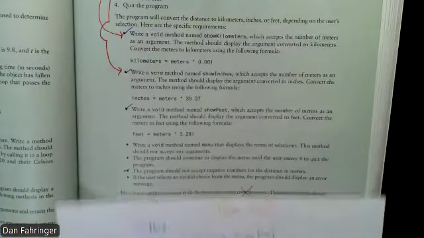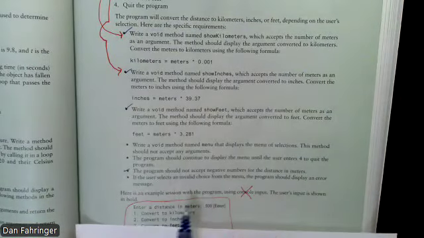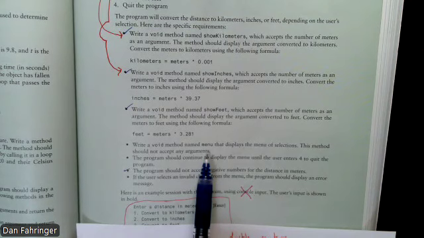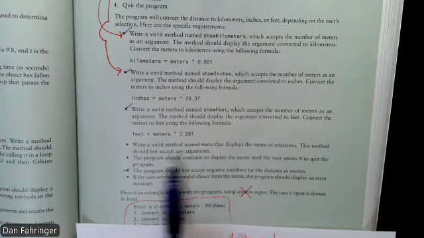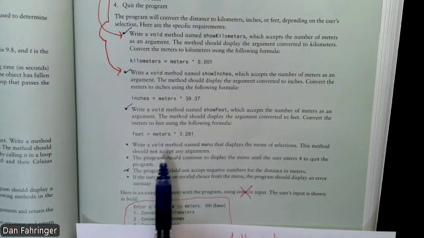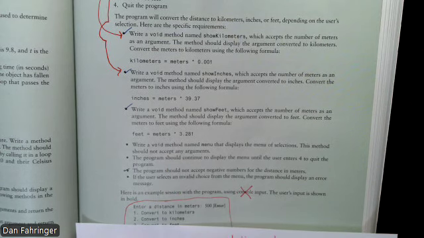My menu says something along the lines of give me a number 1 through 4. Doesn't say anything about a bad data check in this one. Void method menu that displays the menu of selections. This method should not accept any arguments.